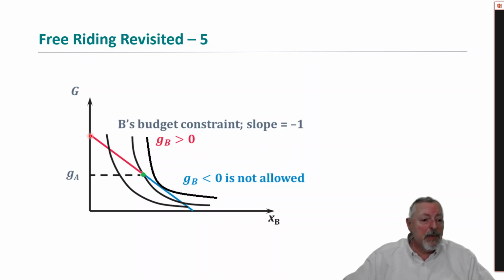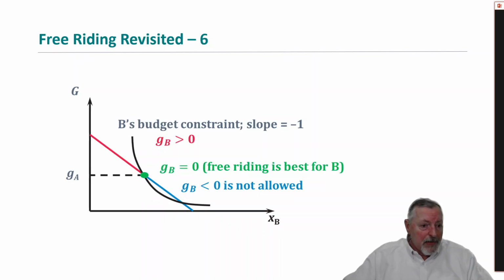Imagine person B spent all their money on the public good. All right, they would have this much. And they'd think, I can do better. I'll reduce my spending on public good. I'll have more private good spending, and then I'll do it some more, and then some more. At this point, person B is spending nothing on the public good. They can't go farther to the right.